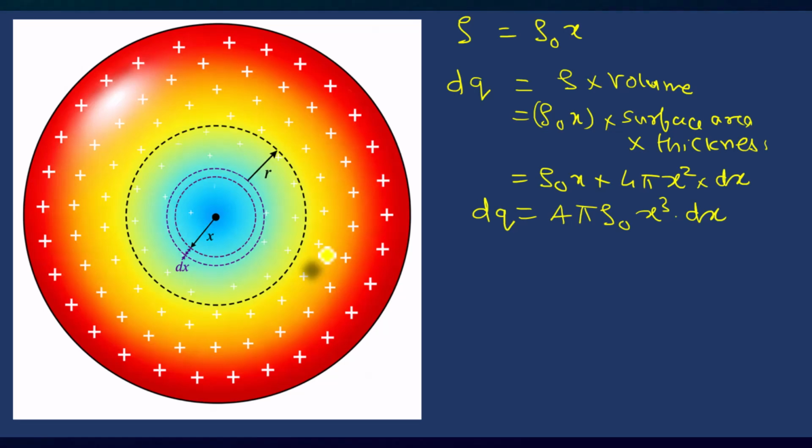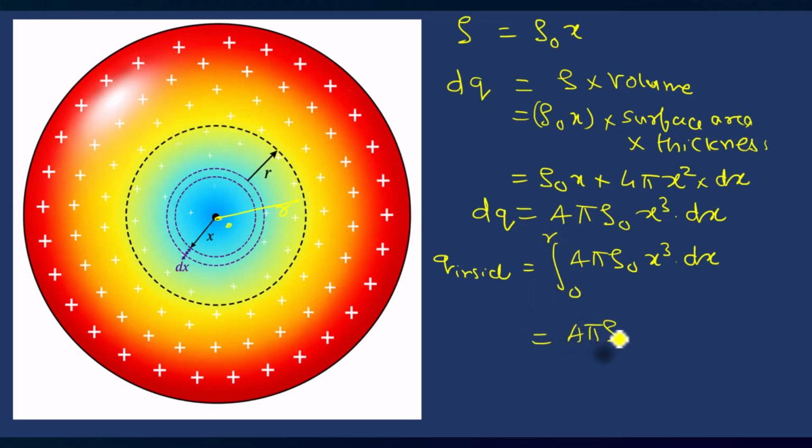Now, to find out the total charge enclosed inside the Gaussian surface of radius r, we must integrate from 0 to r, from this point 0 up to this point r. So, the total charge Q inside will be integration of 4 pi rho naught x cube dx from the limits of 0 to r. So, that will give me 4 pi rho naught integration of x cube dx between the limits 0 to r.